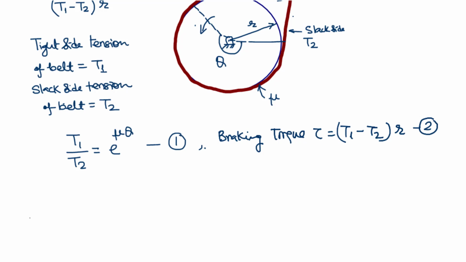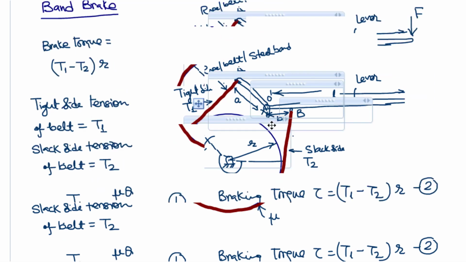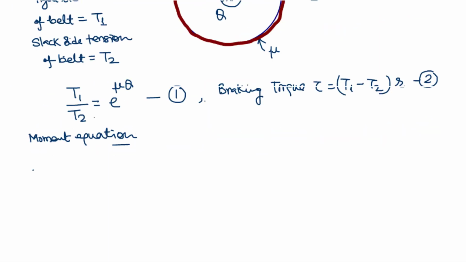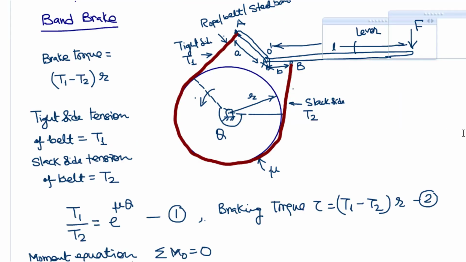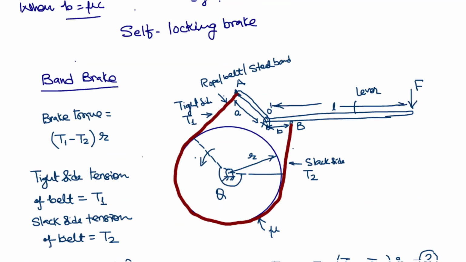Then the moment equation about O: clockwise moment F into L, and this is the tight side.